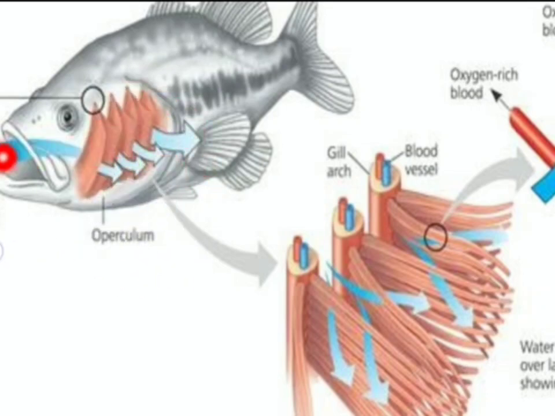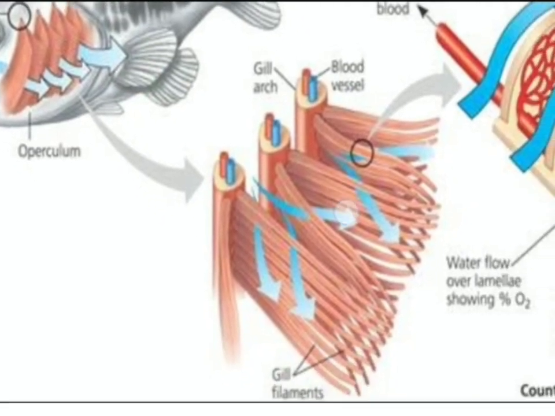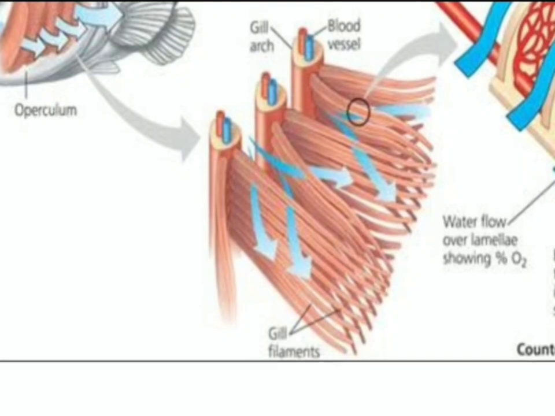Now what are the various contents present inside the gill? Basically, this is the gill arc, in which blood vessels, the artery and veins, are present, and these are the filaments of the gills.